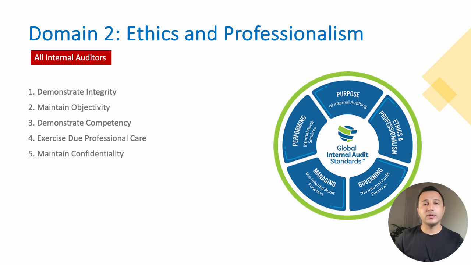So the second domain is about how all internal auditors have to demonstrate integrity, maintain objectivity, demonstrate competency, exercise due professional care, and maintain confidentiality. So this standard is all about the ethical values or parameters that internal auditors have to observe while performing internal audit activities.